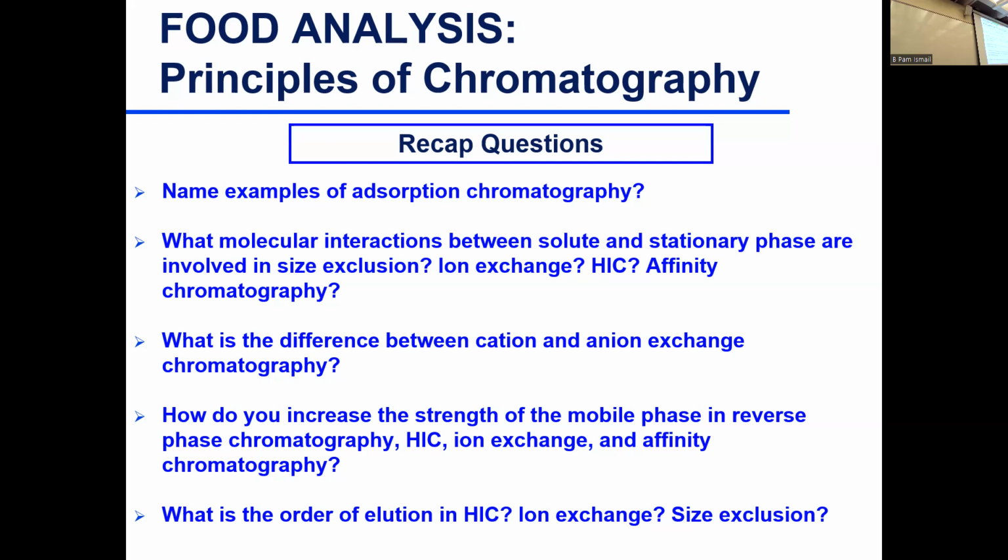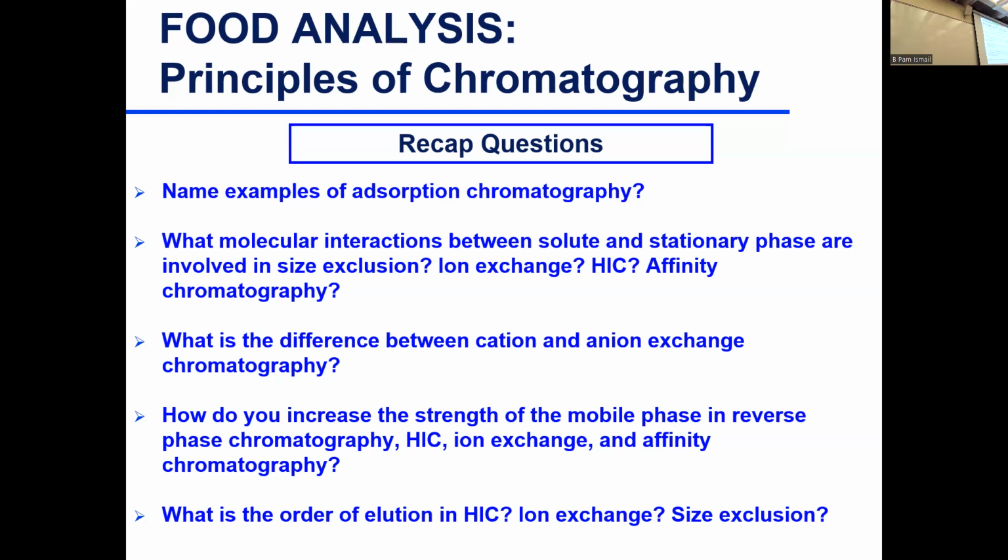So any mode of separation that involves molecular interactions with a solid stationary phase is going to be considered absorption chromatography.